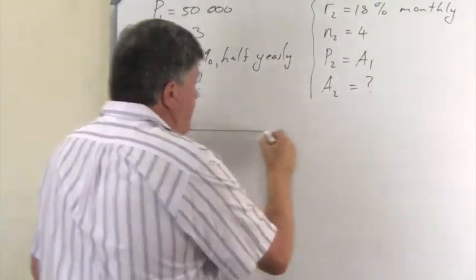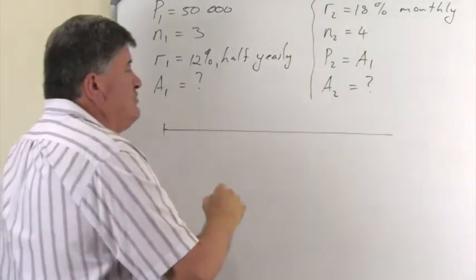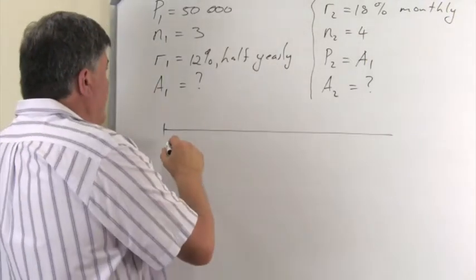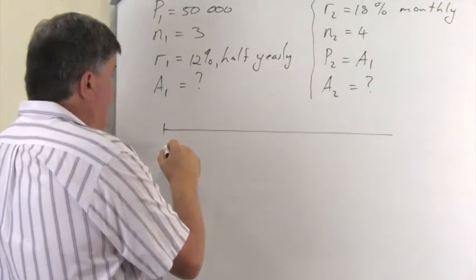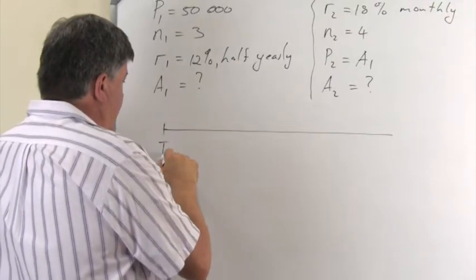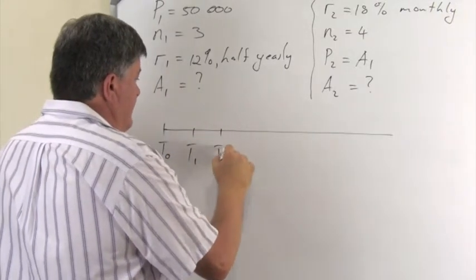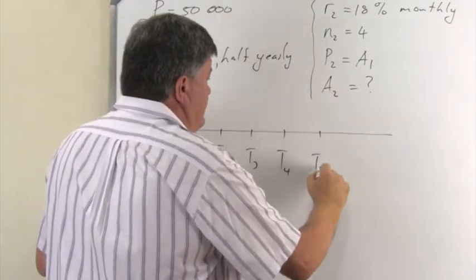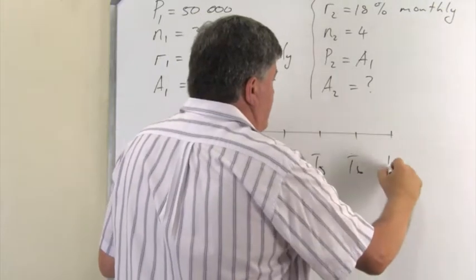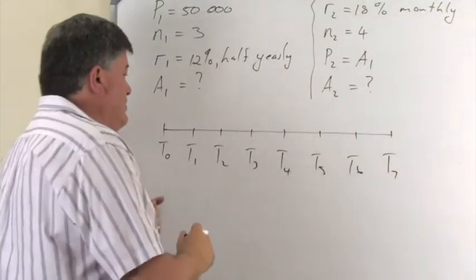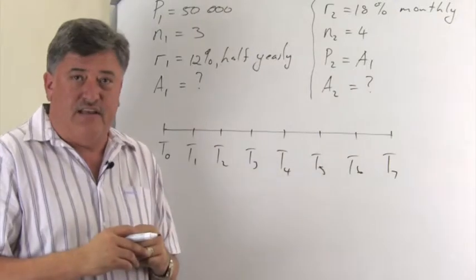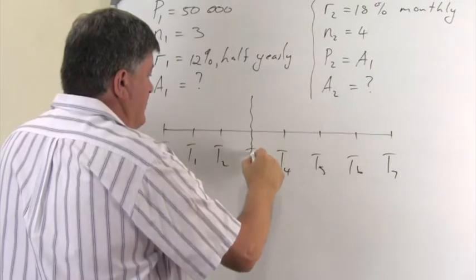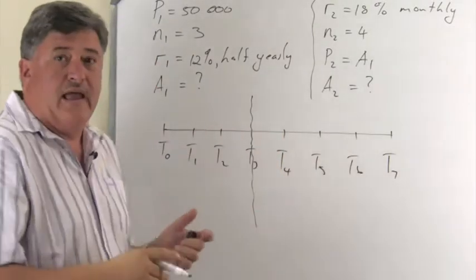Now, a good habit is to draw a timeline to represent this. So we have when we invest the money, T1, T2, T3, T4, T5, T6, and T7. So we're going to invest this money for 7 years, as you can see. At the 3 years, that is where the change will happen.